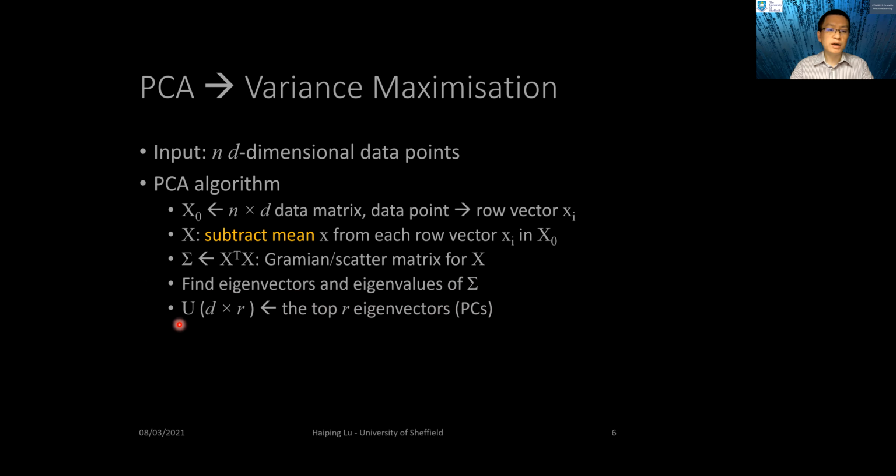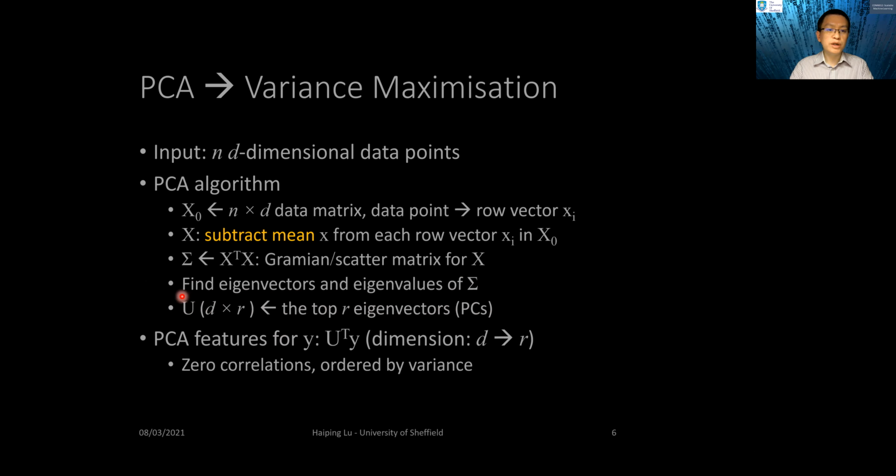This gives us a projection matrix of dimension D times R. We can use this learned projection matrix to project a new data point Y, to learn the PCA features by doing a simple linear transformation, which will reduce the dimension of Y from D to R. On the training data set, these features will have zero correlations, and they will also be ordered by the variance captured.